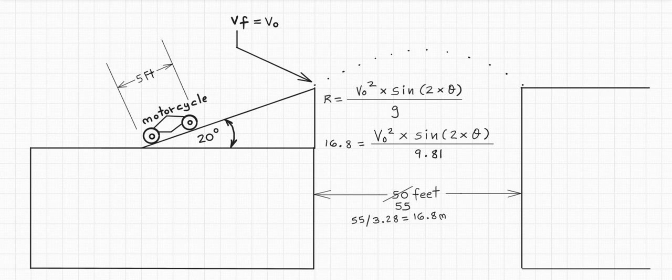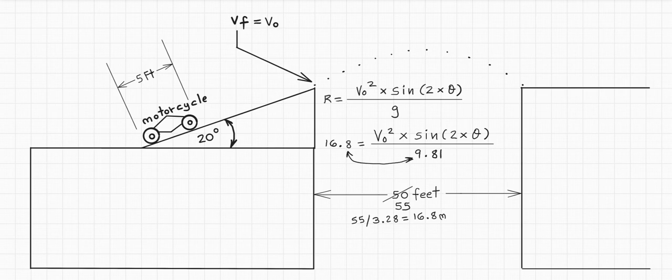So 9.81 times 3.28 feet to a meter. So if we were to solve for V0 squared, we could convert this equality into a one-line algebraic expression.